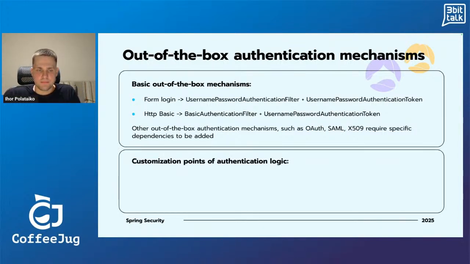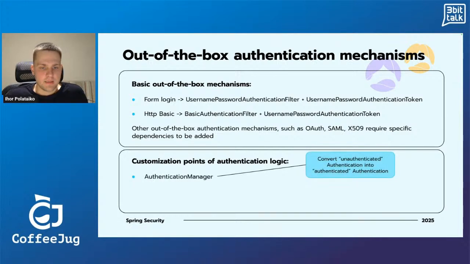Obviously, the out-of-the-box mechanisms cannot be used the same for any project. You don't want to implement the same authentication mechanism across any project. There should be customization points for the things which you do differently in each project. And those things are usually the way you perform the authentication rules in your project. There are a couple of customization points for that exposed by HttpSecurity.